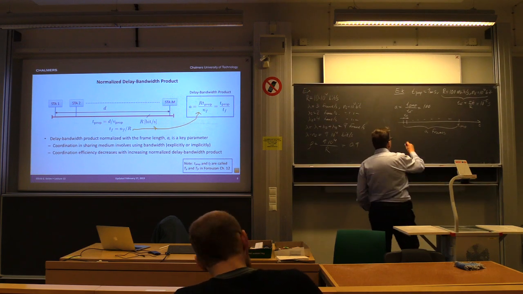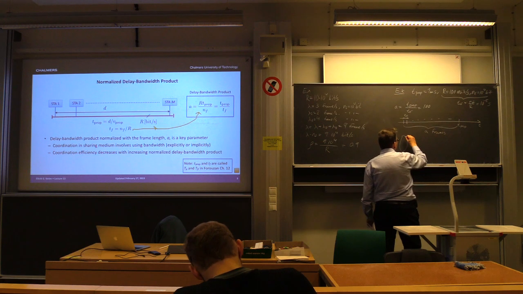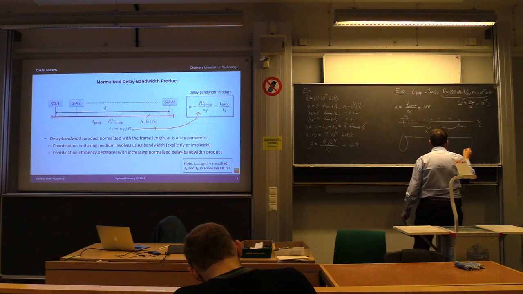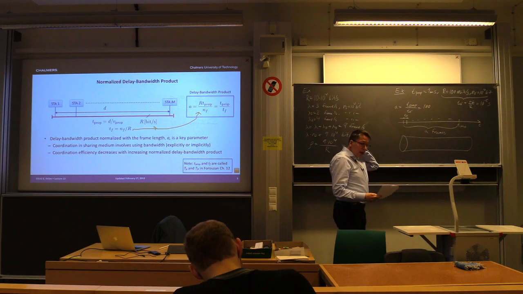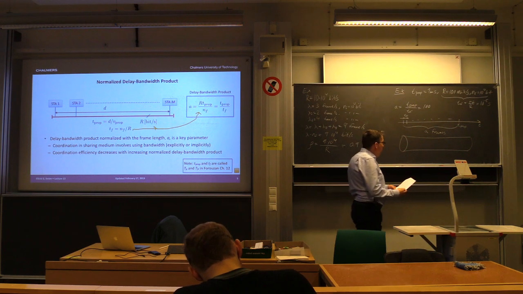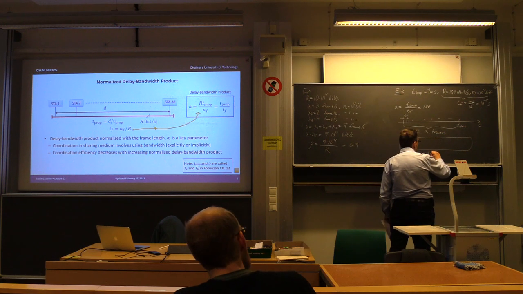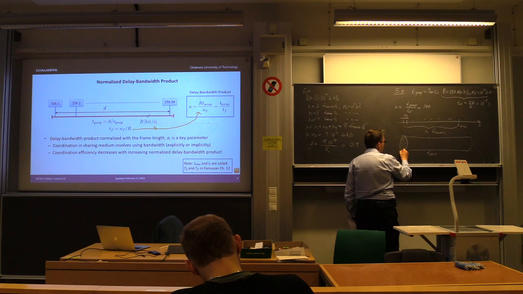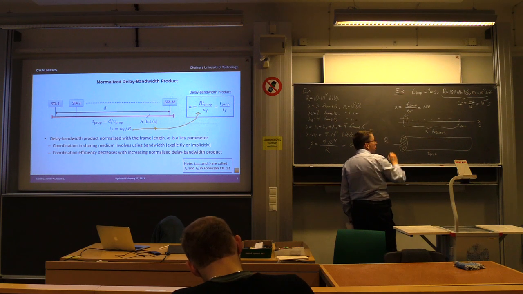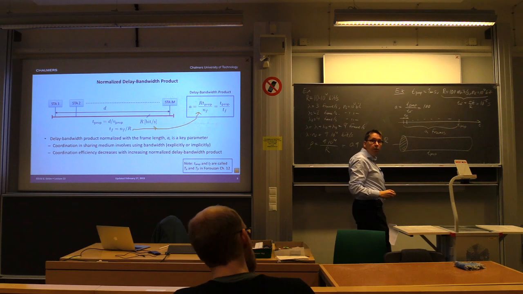Another way to think about this is to think about the medium as a bit pipe. The bit pipe has a length which is equal to the propagation time, and it has an area here which is r, the data rate that we can transmit with.